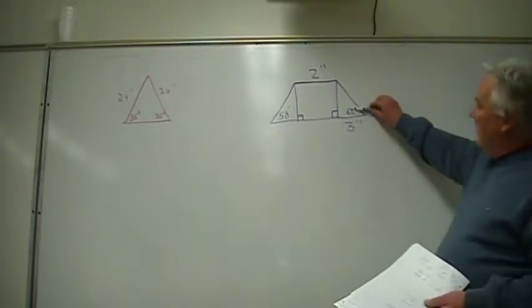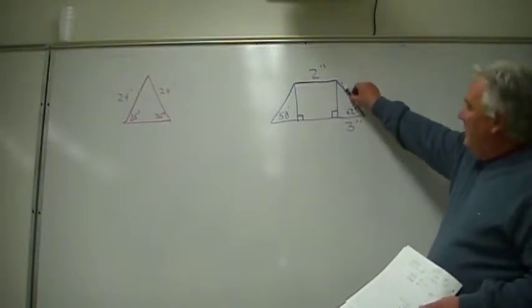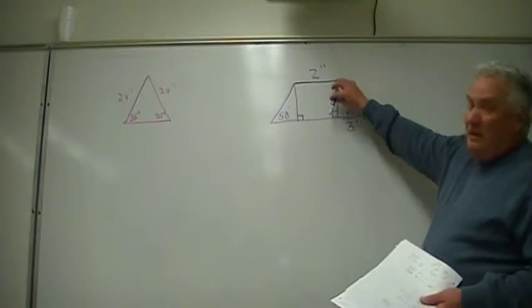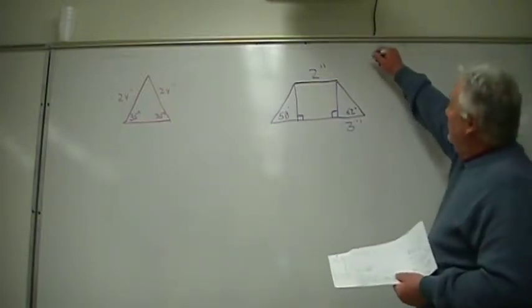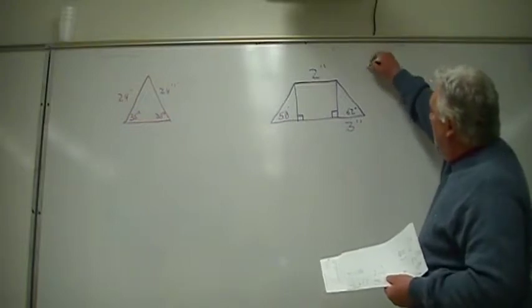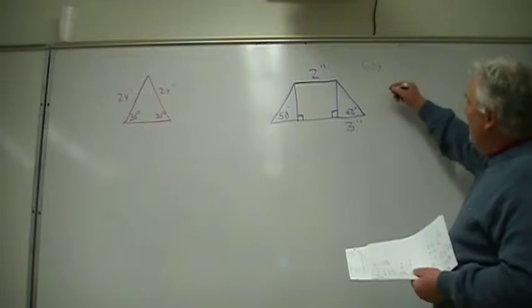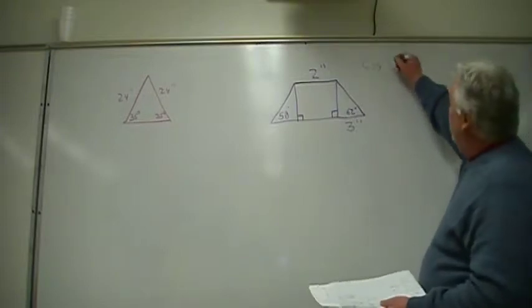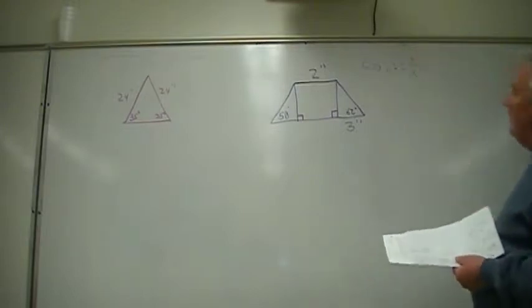We know this angle and we know this side. So we should be able to figure out the length of this side and the length of this side from that bit of information. And we got to use cosine to find the hypotenuse right here. So cosine of 62 degrees equals 3 over x.